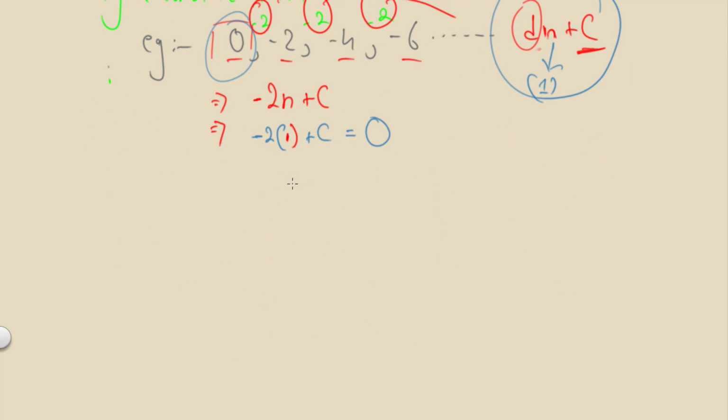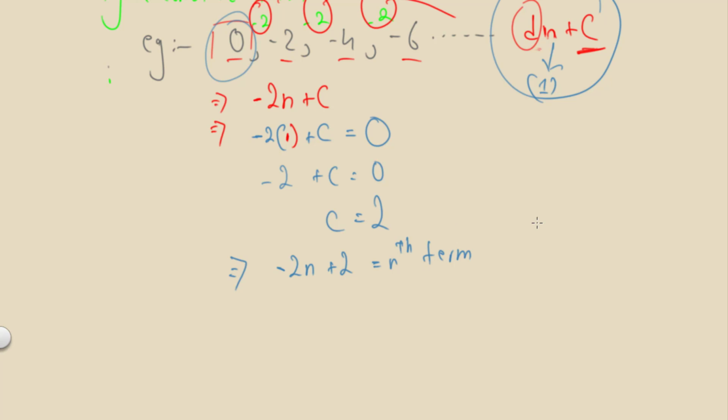So by doing a bit of algebra, -2 times 1 is -2, plus c is equal to 0. c equals +2. So our nth term formula is -2n plus 2. Again, nth term is just a variable used to represent the term.